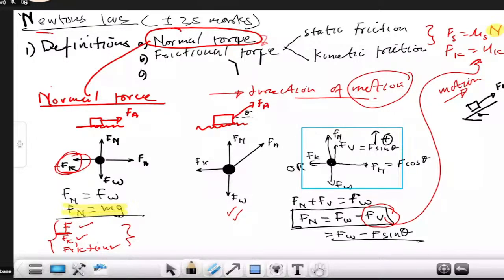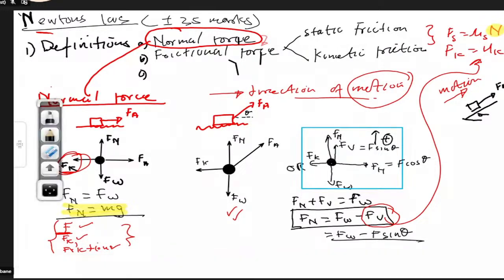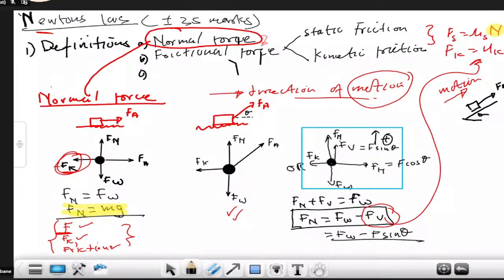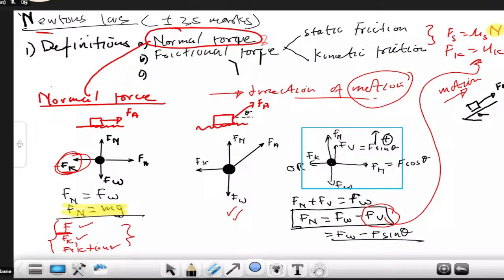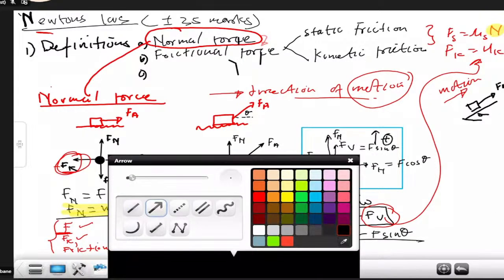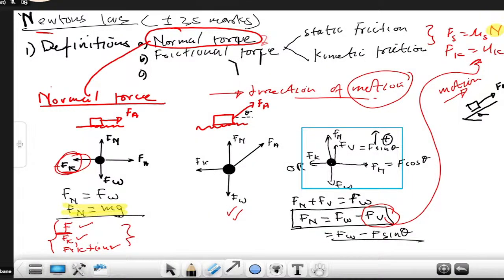Furthermore, let's check this one of an inclined plane. Let me get my sketches here, draw a nice free body diagram, fill it with black. Let me have my force moving up there.